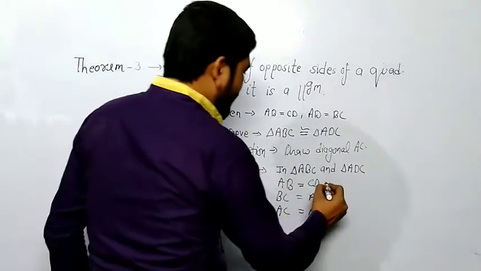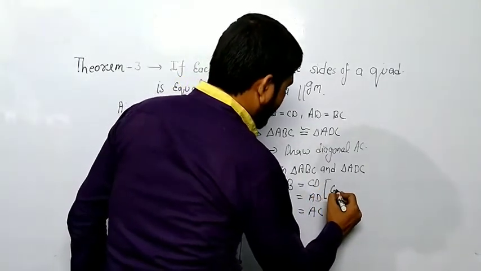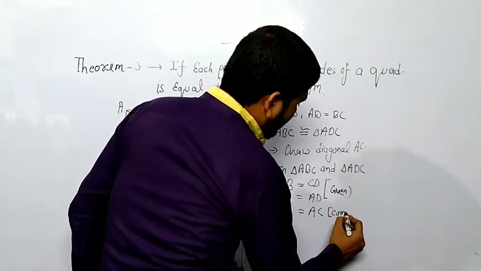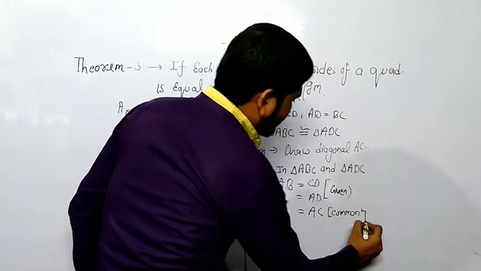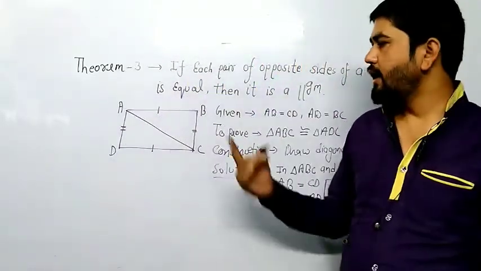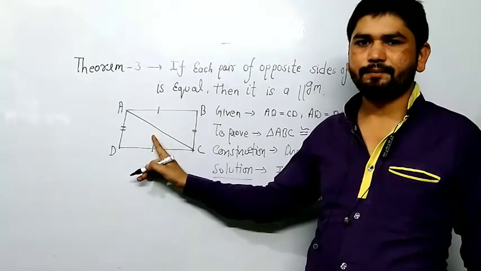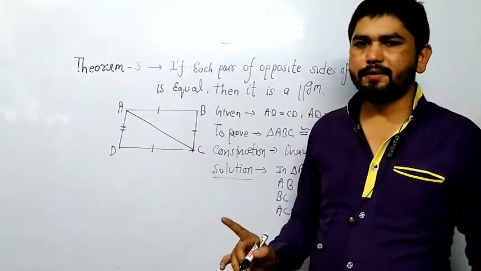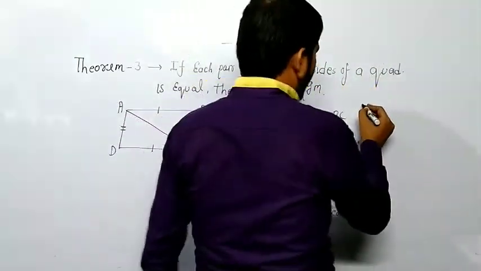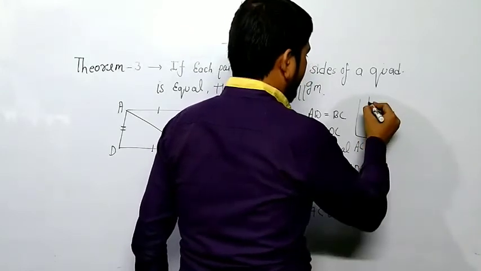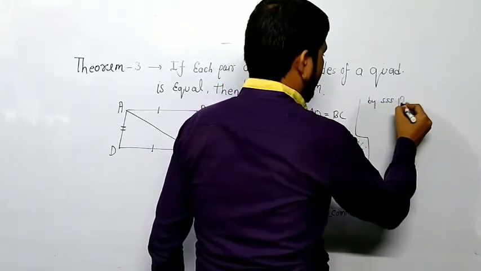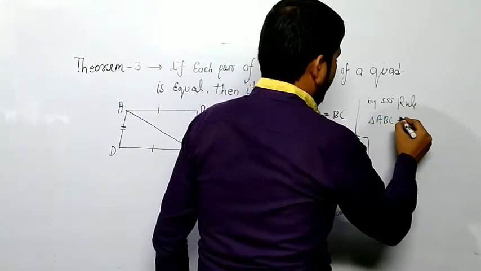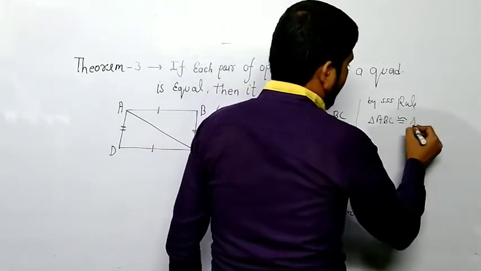Any problem? Two things are given and one is common. So which rule will you apply here, students? Which combination rule? Triple S, side, side, side. So by the triple S rule, triangle ABC is congruent to triangle ADC.